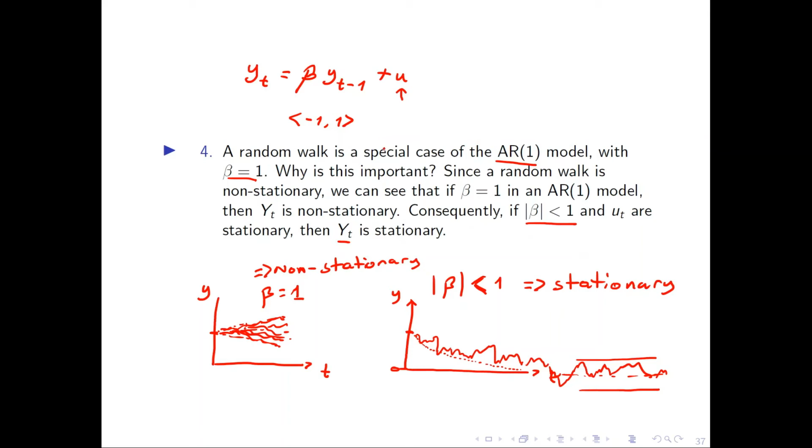And the reason why we are not testing for beta greater than 1 is that if beta is greater than 1, then we have a so-called explosive process, which is by definition non-stationary.